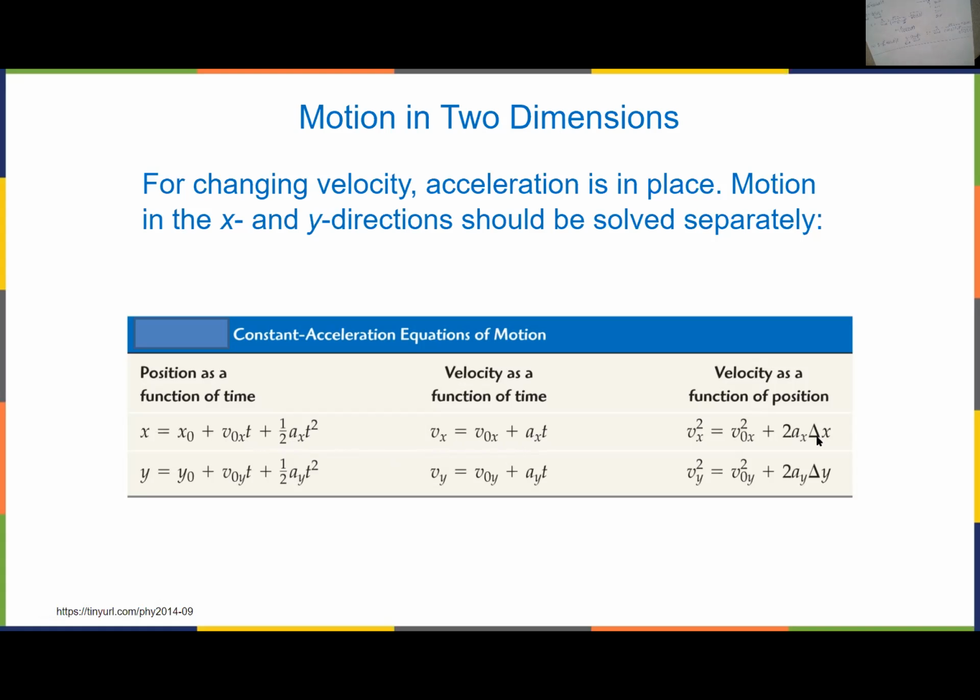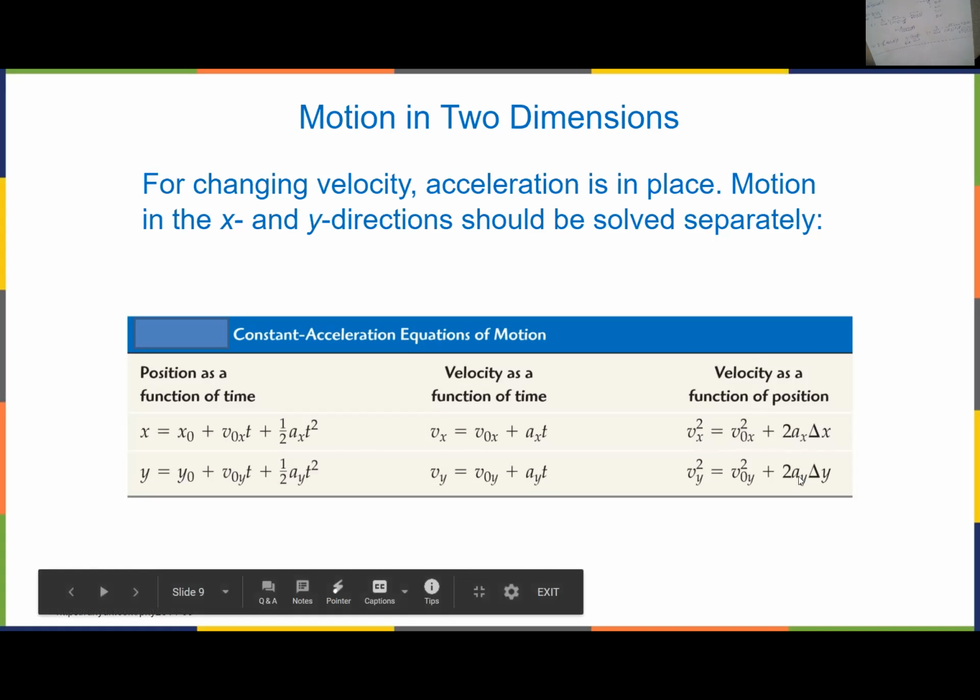And the last equation gives you final velocity in x direction squared equals the initial x component squared plus 2 times acceleration x component times delta x, the change in position. Delta x is x minus x naught. Similarly for the y direction, you add the y acceleration terms in the equations of motion.